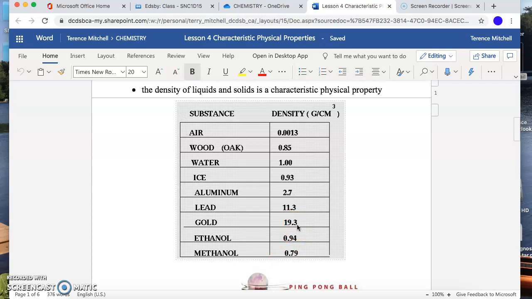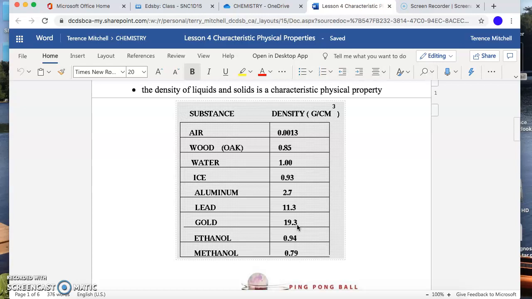So if we had this unidentified solid or liquid, we could calculate the density by weighing it and dividing it by its volume. And so if I'm weighing a substance and it's coming up as 19.3, that tells me I have pure gold.